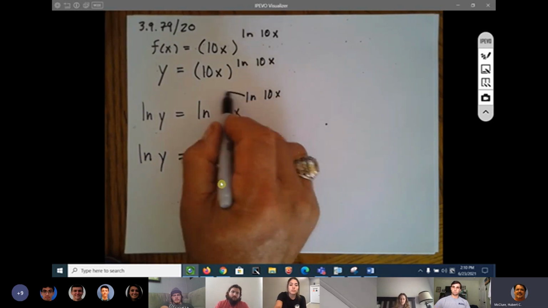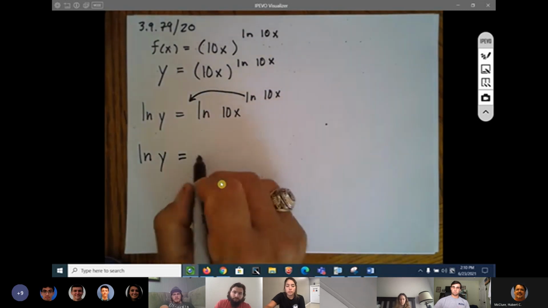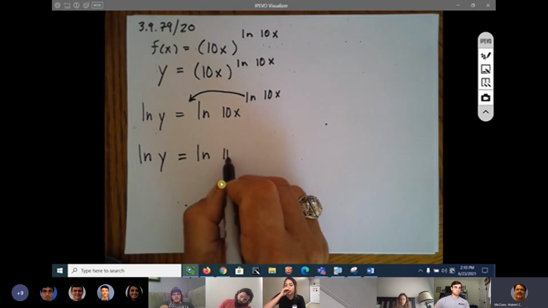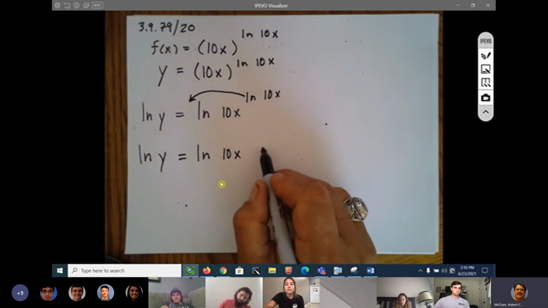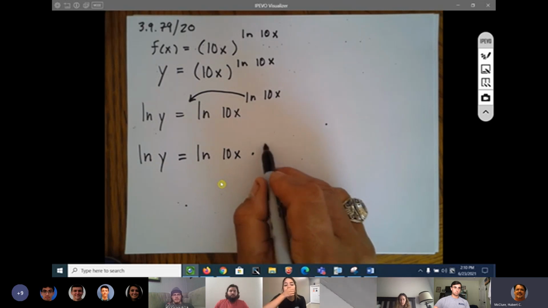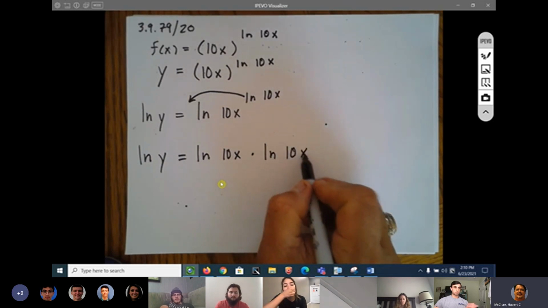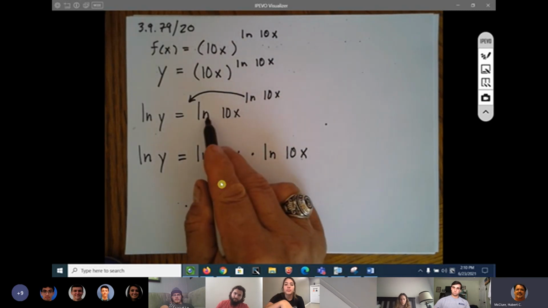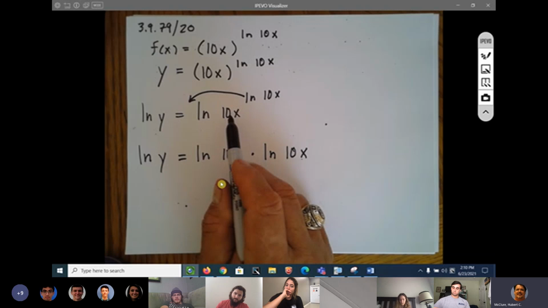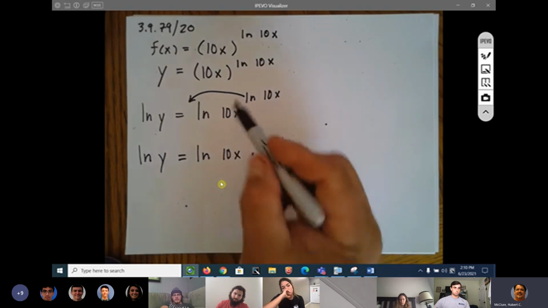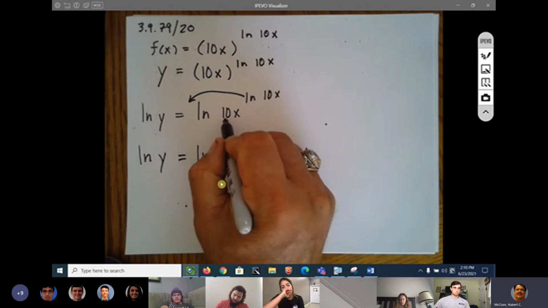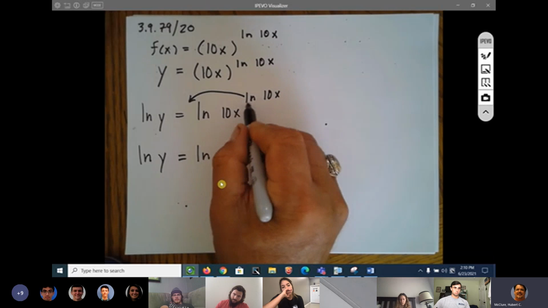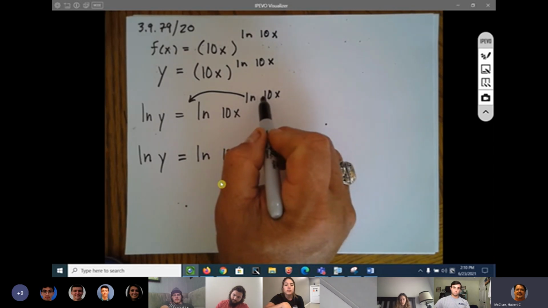So I'm going to bring this out front. Natural log of 10x times the natural log of 10x. Because they have the same base, can't you just make it 10x? No, I know what you're talking about. The property that you're talking about has to do with this base. If this was a 10 up here, yes, you could do that. But no, not natural log.